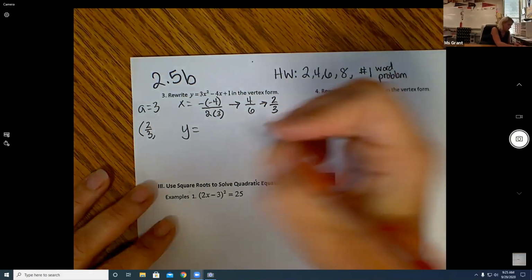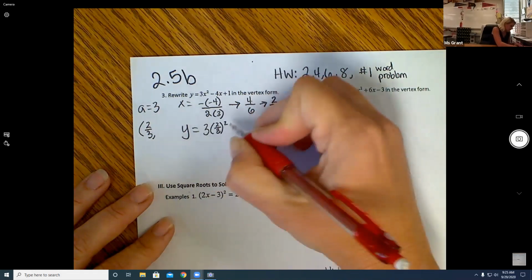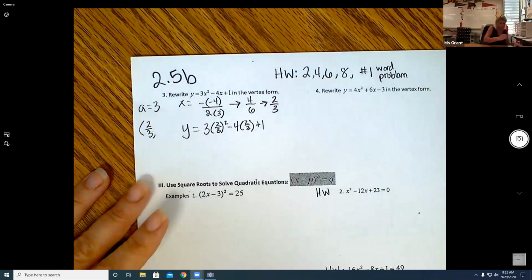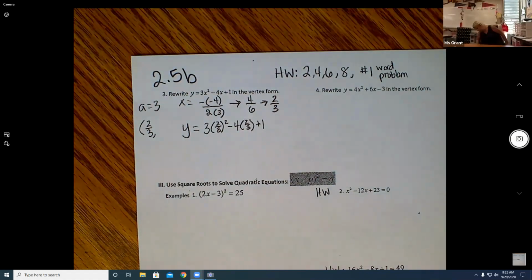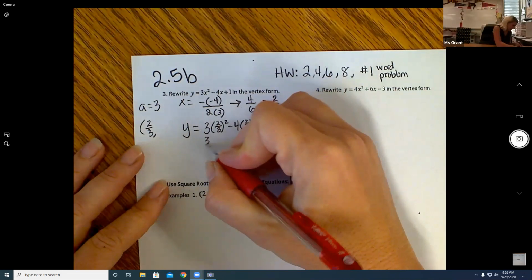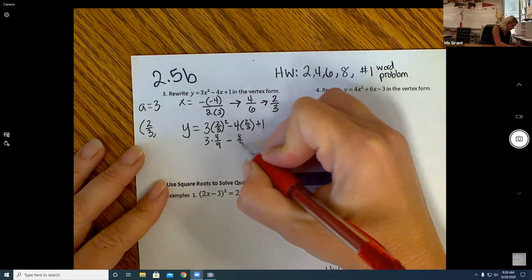So that's going to be 3 times 2/3 squared minus 4 times 2/3 plus 1. Three times 4/9 minus 8/3 plus 1.